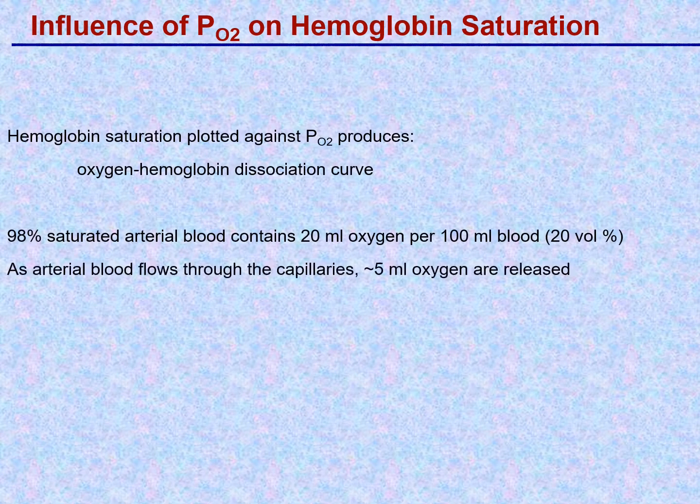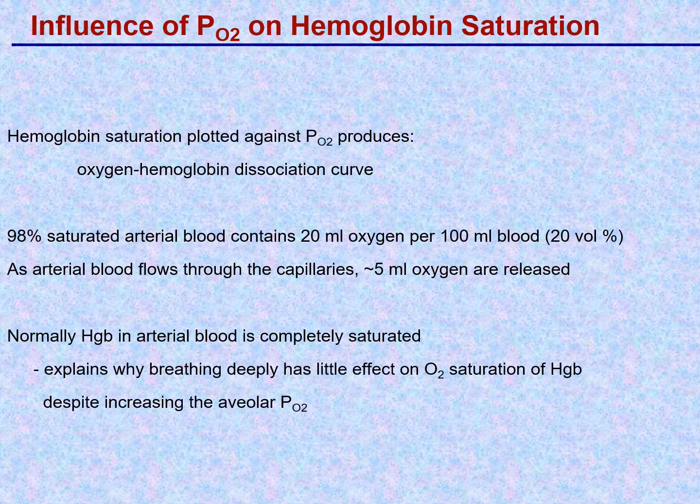The influence of PO2 obviously is extremely important. The lower the surrounding PO2, the less oxygen hemoglobin can carry, and therefore it'll be less saturated. So we have this oxygen hemoglobin dissociation curve. When the blood is in a high PO2 environment, it will be 98 to 100% saturated.